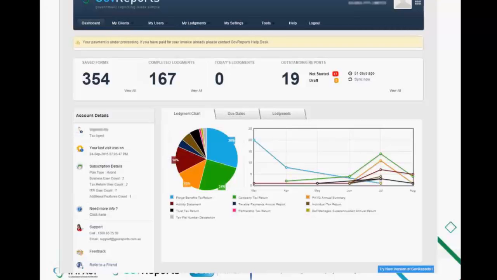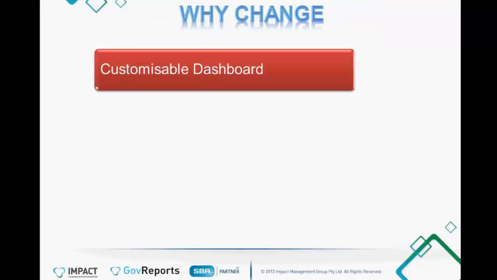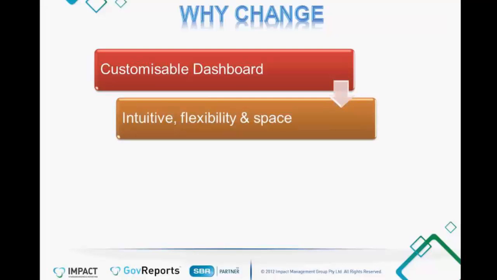There's a lot more flexibility, and those are the reasons for us to change to the new version. Everyone operates differently, and while we find there are some common likings, everyone has their own way of working. Previously you could customize the software, what you want to use and how you use it. Now you can also customize your dashboard and the services that you need within GovReports.